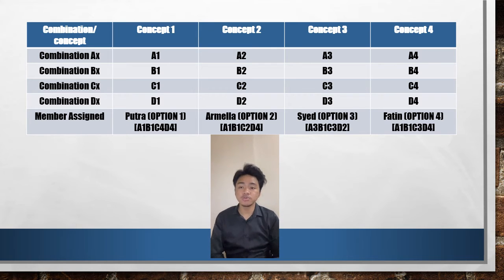And option 2, Armella would choose A1, B1, C2 and D4. As for Syed, option 3, he chose A1, A3, B1, C1 and D2. Lastly, Fatin Amira as option 4, A1, B1, C3 and D4.